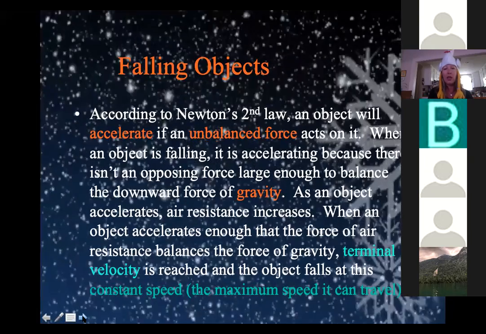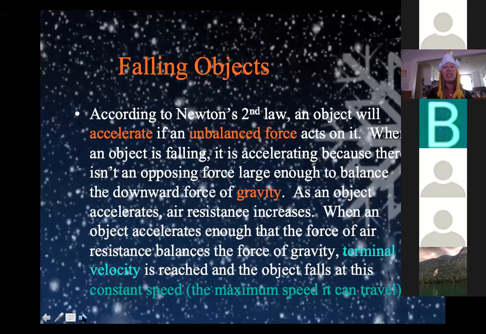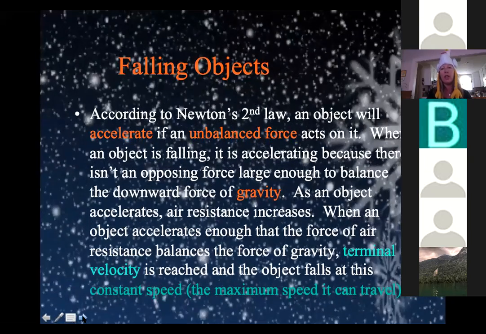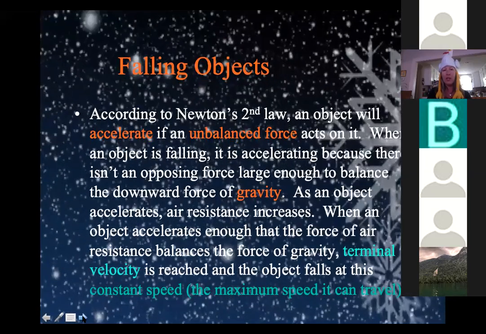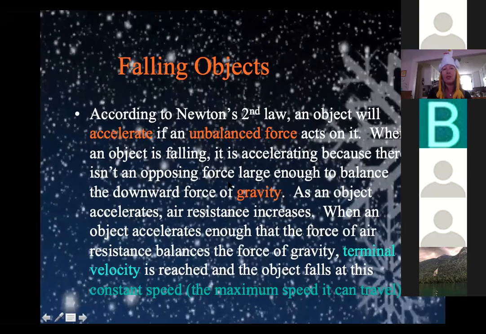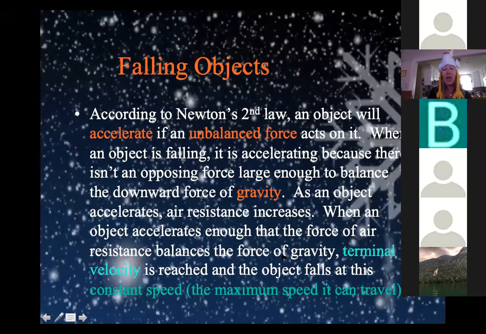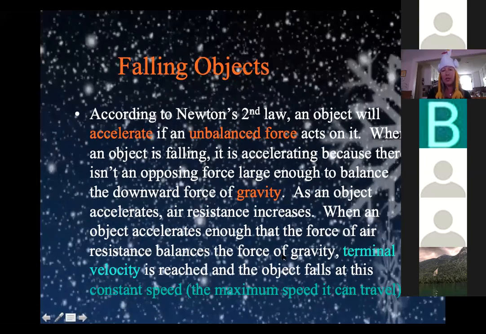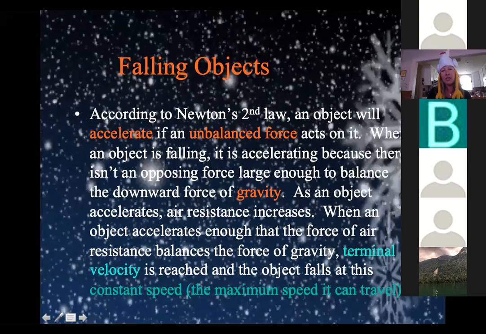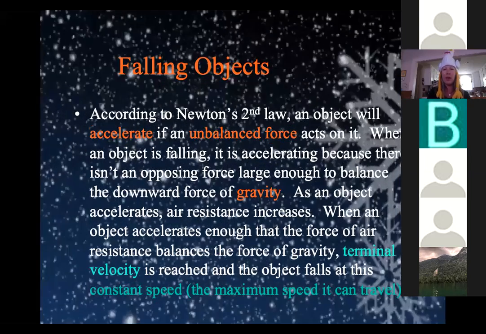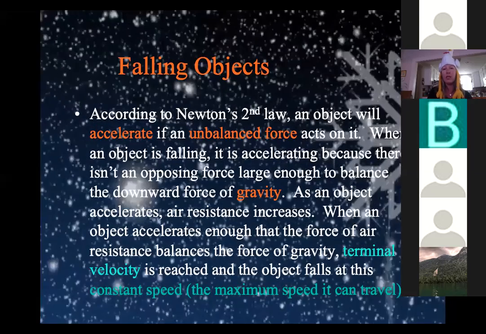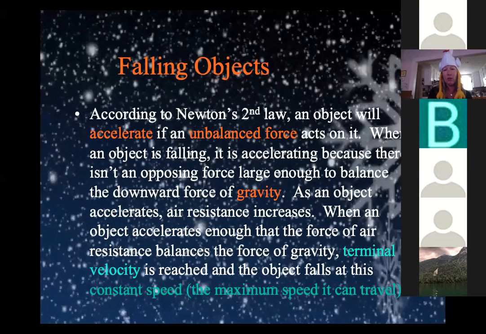According to Newton's second law, an object will accelerate if an unbalanced force acts on it, and that unbalanced force acting on a falling object is gravity. And so as an object is falling, air resistance is also increasing, and that, as we just made note of, is a force acting in the opposite direction as gravity.